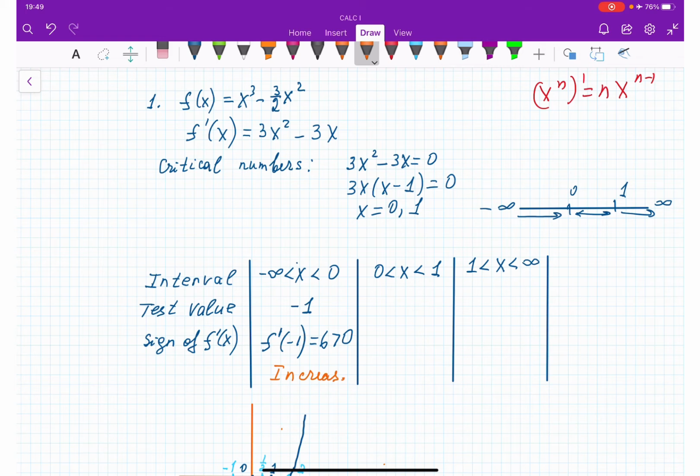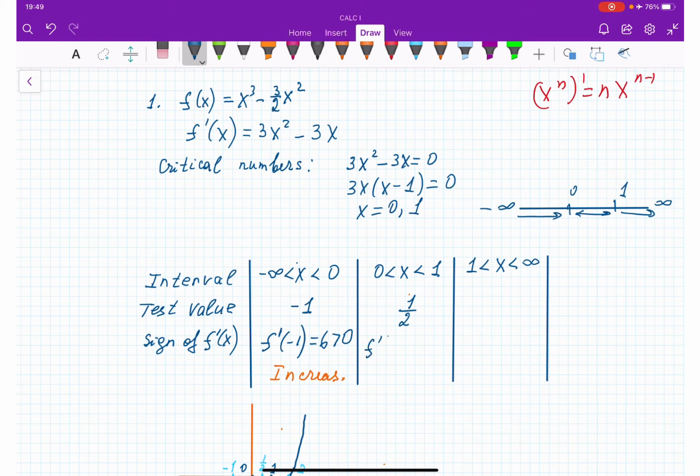Next, on the interval between 0 and 1, we can take the value 1 over 2.